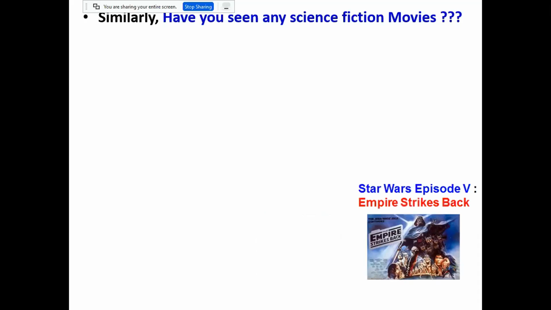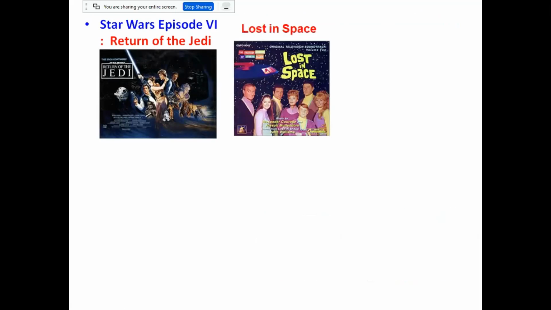Next is Star Wars Episode 5, The Empire Strikes Back. Like this it goes on; you will see Star Wars Episode 6, Return of the Jedi. Here, robots are seen as friendly and harmless machines. Then again, Lost in Space, directed by Stephen Hopkins in 1998.